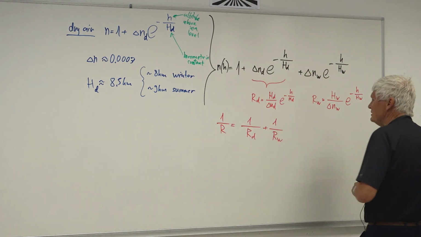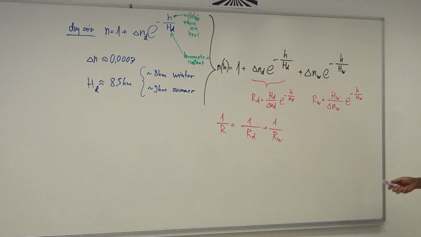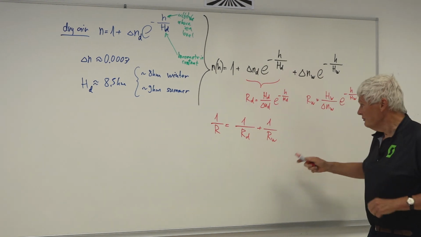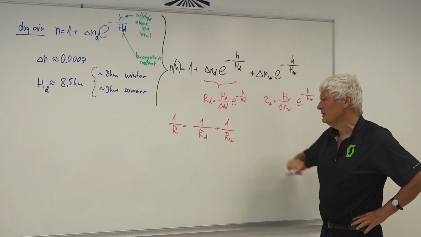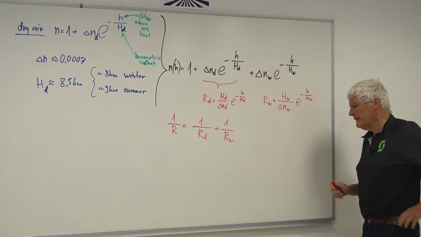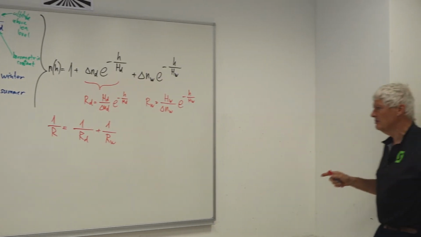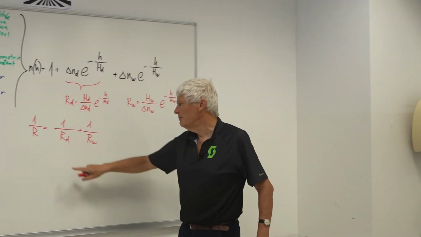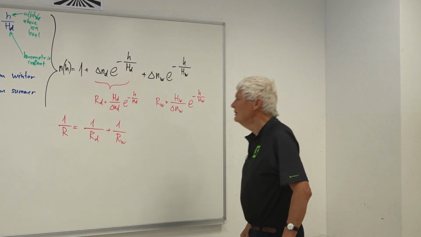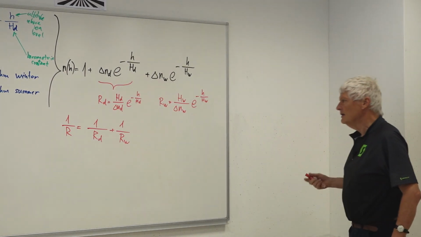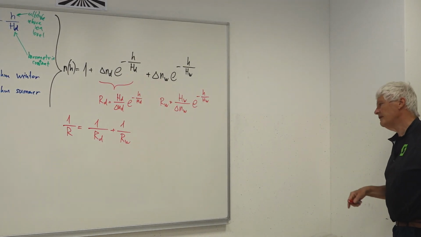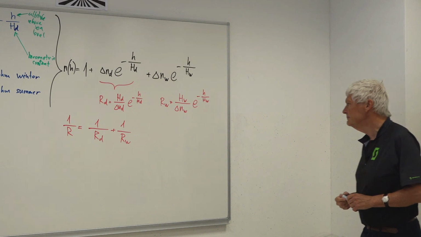Now, how much is the whole curvature radius here? It is of course smaller than this one and smaller than this one. Curvatures are opposite values of curvature radii. Maybe I think you learned this in math in the second year.